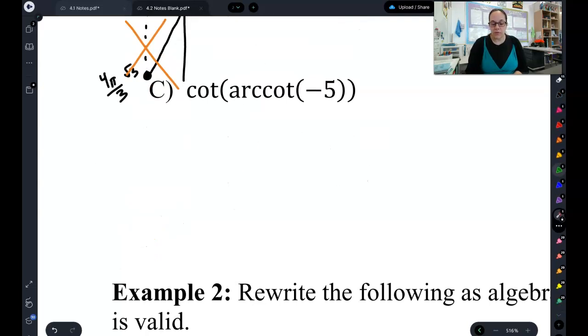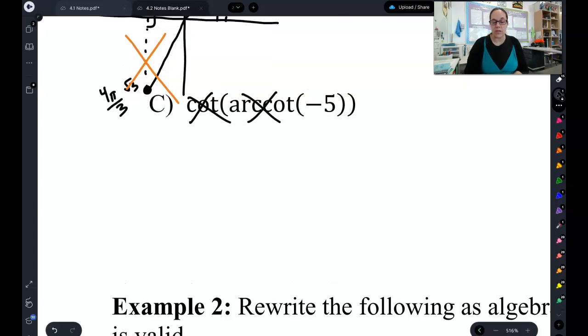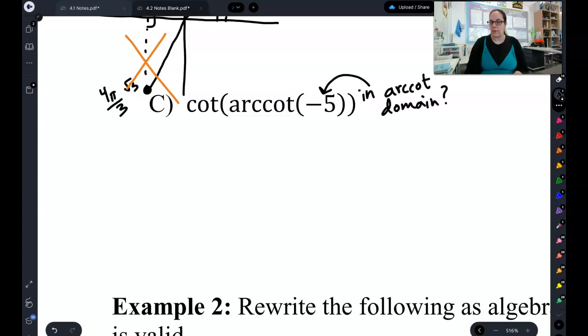In C, we've got those examples like we talked about last lesson, where we would think that the cotangent and the arccotangent are just going to cancel each other out because they're opposites. But remember, we talked about the one thing you have to check is negative 5 in the arccotangent domain. And here's where that table we filled out is going to be helpful.